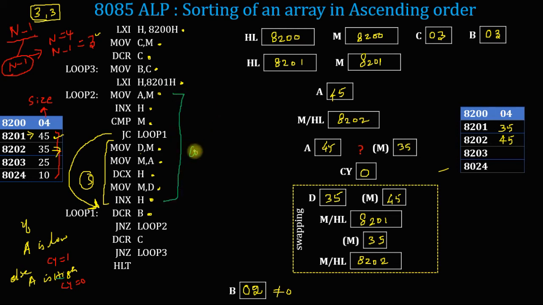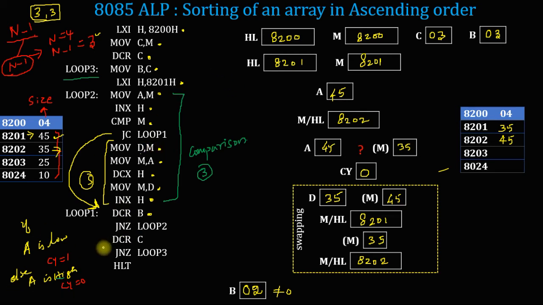So this is the comparison, and repeatedly it will be executed 3 times. This particular loop, loop 2, is placed inside one big loop called loop 3, where decrement C happens, 3 times.